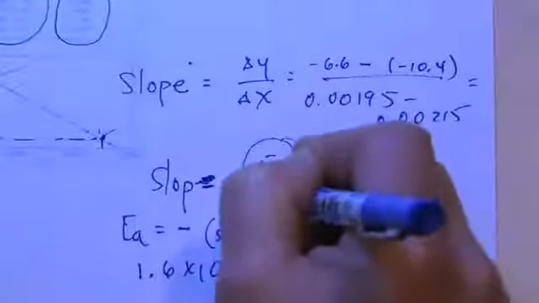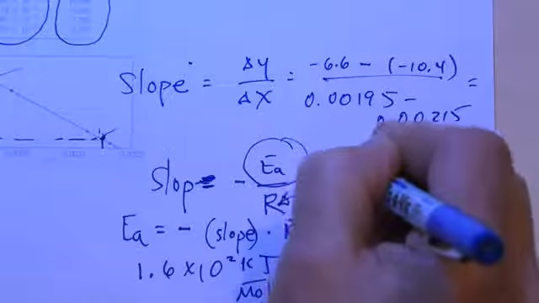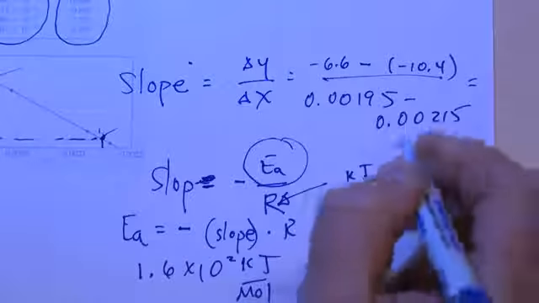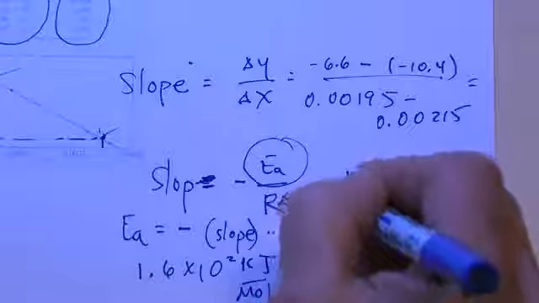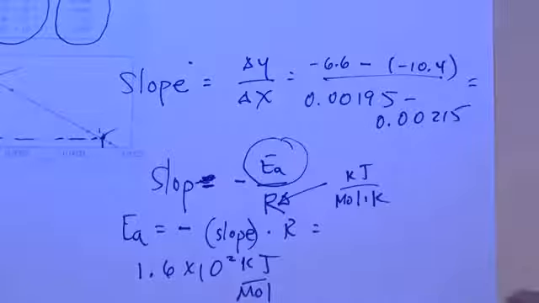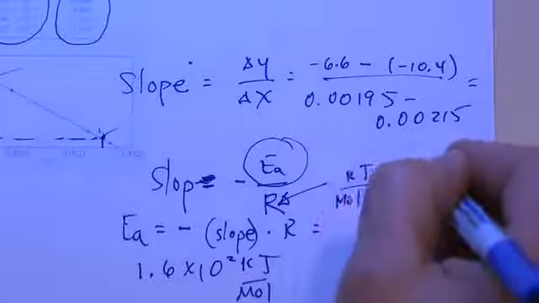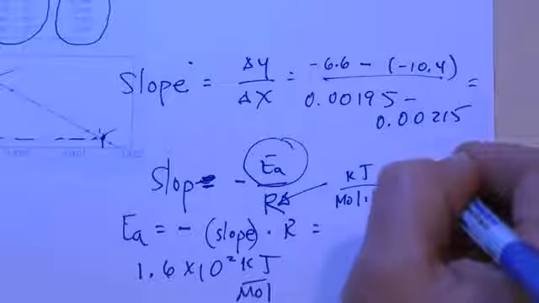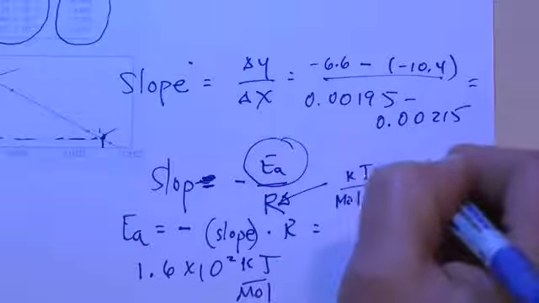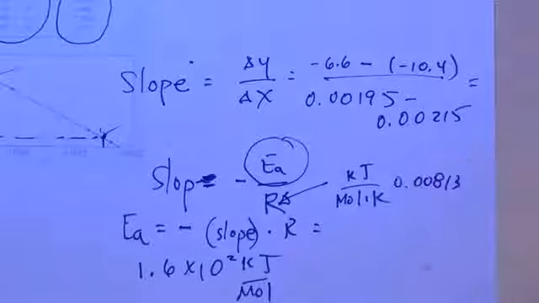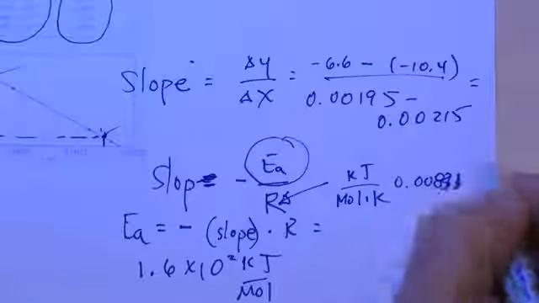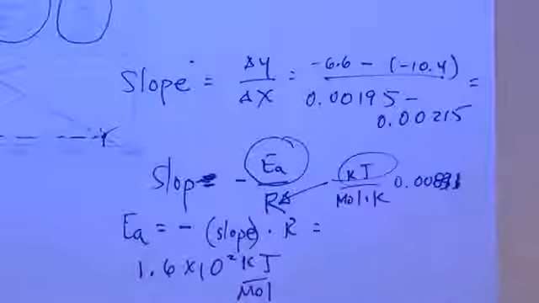You have to be real careful about the R here to make sure that it's in kilojoules per mole Kelvin, which means that it's not 8.31 anymore, but 8.31 converted to kilojoules instead of joules.